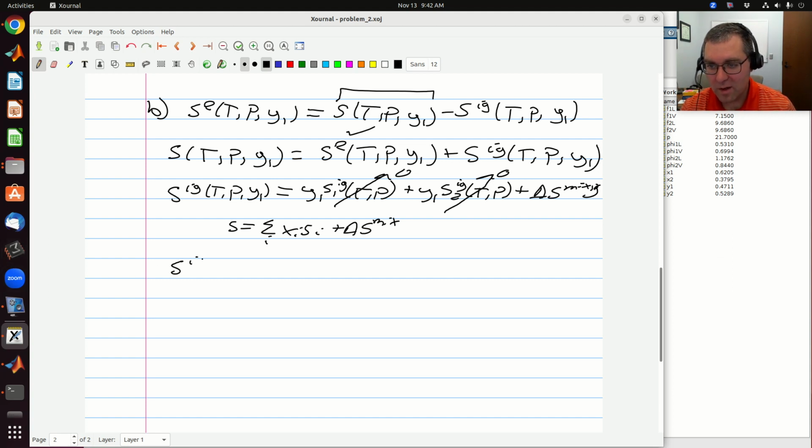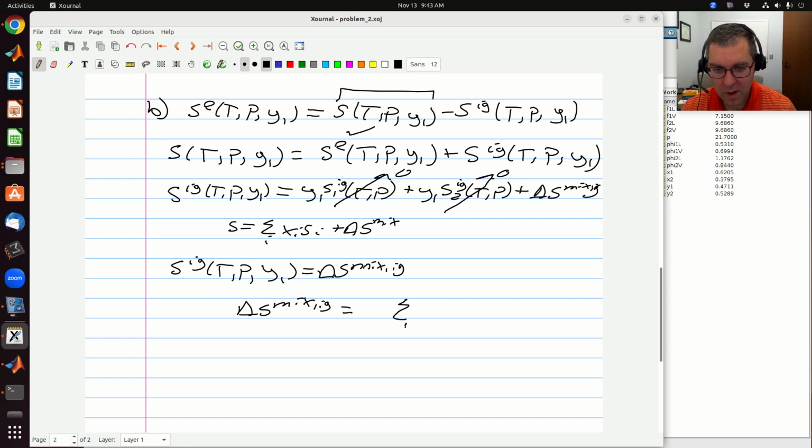So now we have S ideal gas at T, P, and Y1 is equal to delta S of mixing of my ideal gas. Now remember, for an ideal gas, delta S of mixing is equal to sum over i, Yi log Yi. Log Yi is always going to be negative since Yi is less than 1.